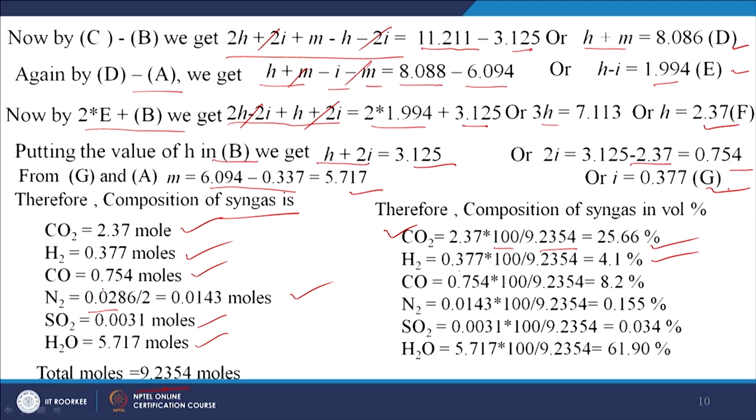So, for carbon monoxide 0.754 into 100 divided by 9.2354, that is equal to 8.2%. Similar way we can calculate the percentage of nitrogen as 0.155% and SO2 as 0.034% and H2O as 61.90%. So, these are the percentage of different components in the syngas.